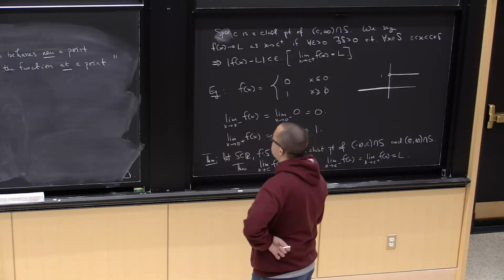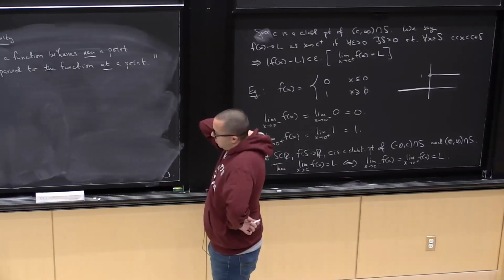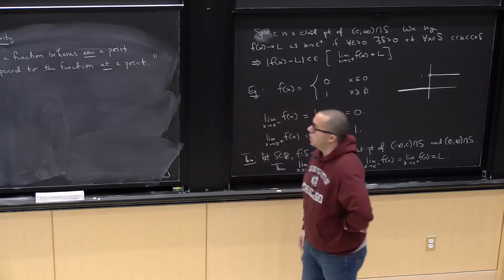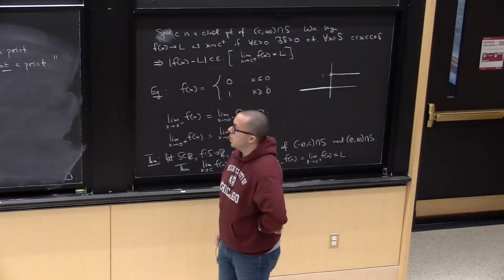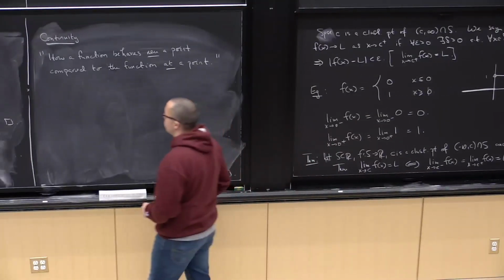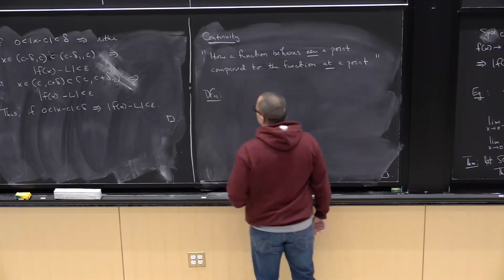All right, so we had these examples where the limit exists but does not equal f(c). And here, for continuity, the notion is that the limit as x goes to c of f(x) actually equals the function evaluated at that point. So we have the following definition.